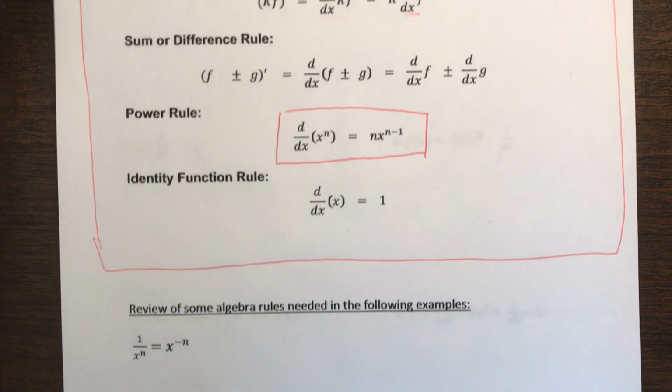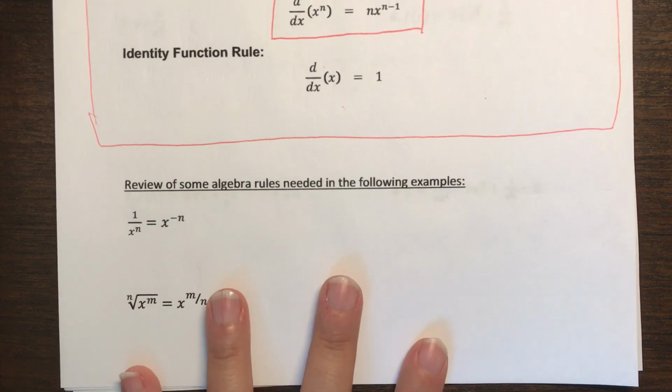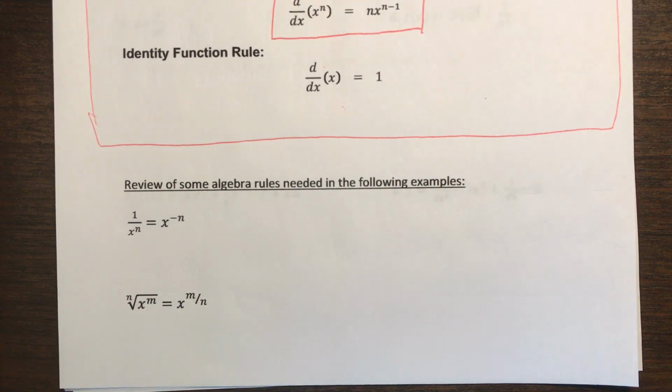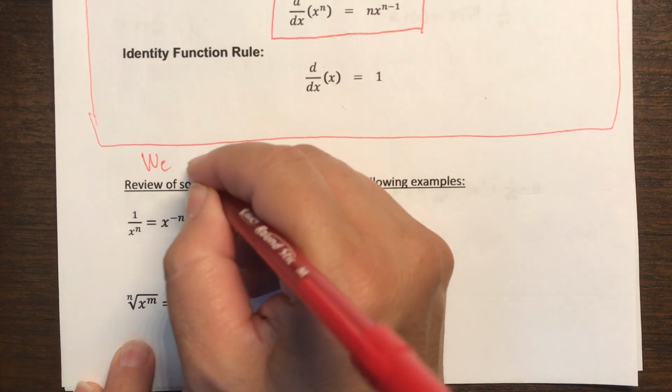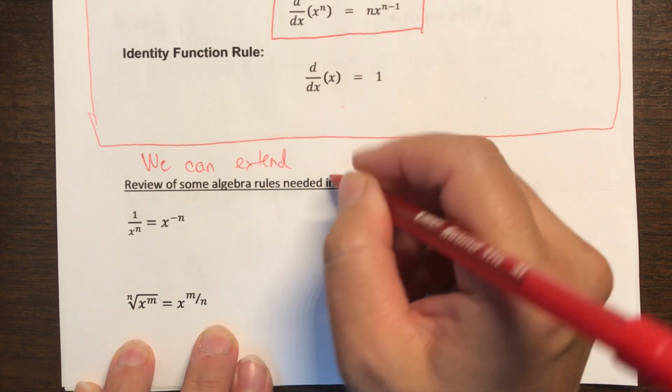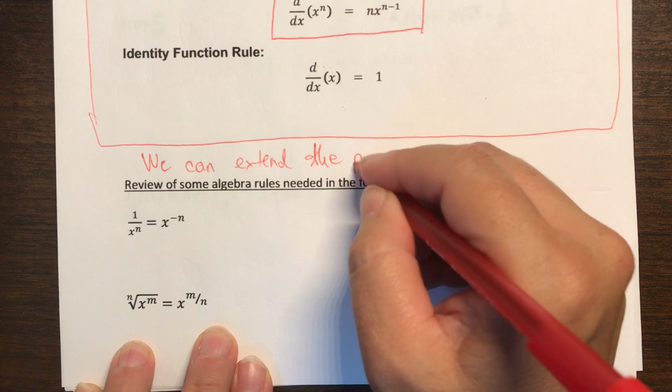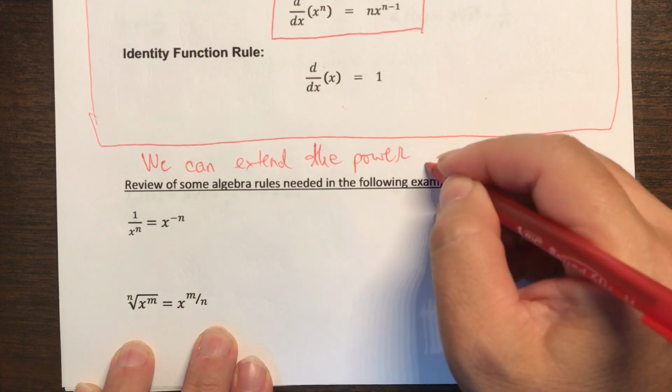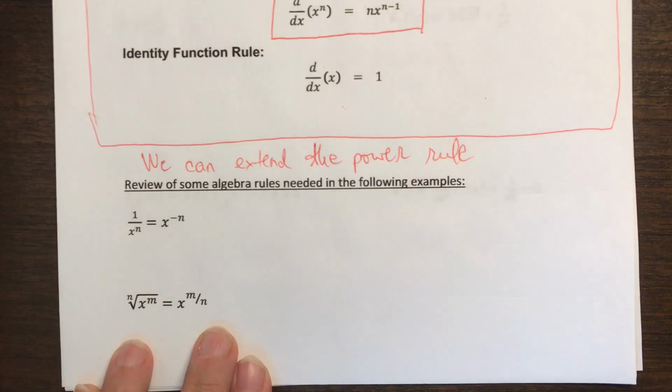Okay, now we're going to jump right in and take a whole bunch of derivatives next, but what I want to show you is that we can extend the power rule to other expressions that might not necessarily look like the power rule to you.